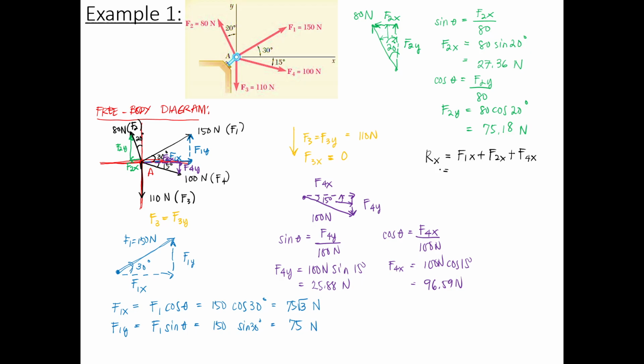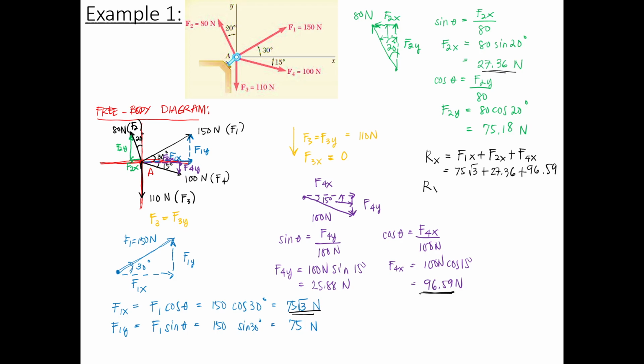So that will be 75 square root of 3 plus F2x, 27.36, plus F4x, that's here, 96.59.